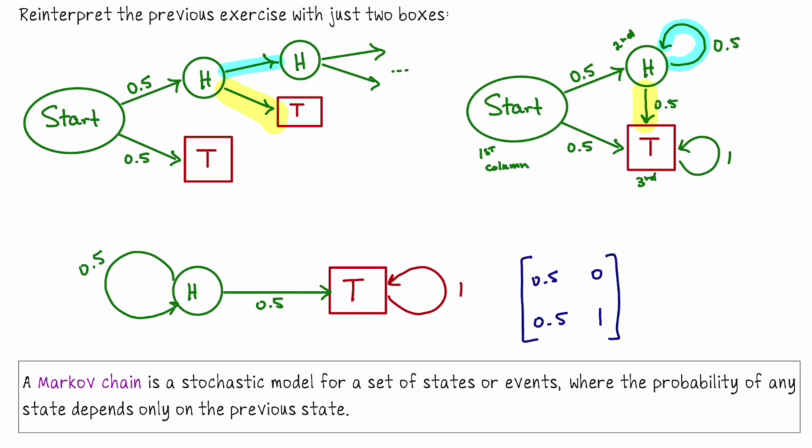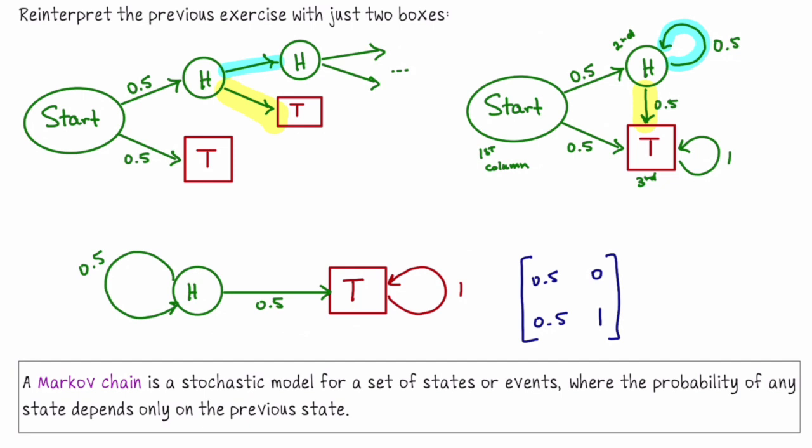Okay, at this point I want to stop and define what a Markov chain actually is. That's the name of the lecture. It's a stochastic model for a set of states or events, like the state of voting for party A, or the event of flipping a tails, where the probability of any state depends only on the previous state. What that means here is the probability of flipping from heads to tails doesn't depend on what you did 4 flips ago.